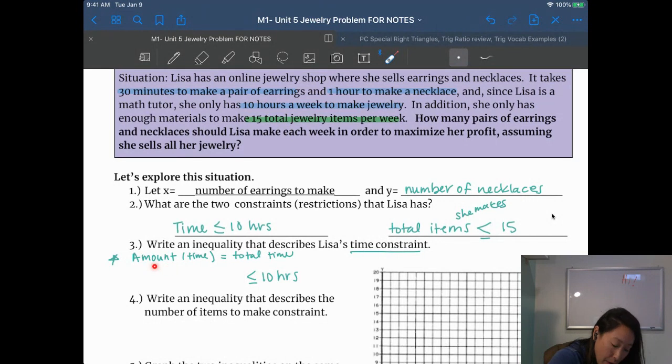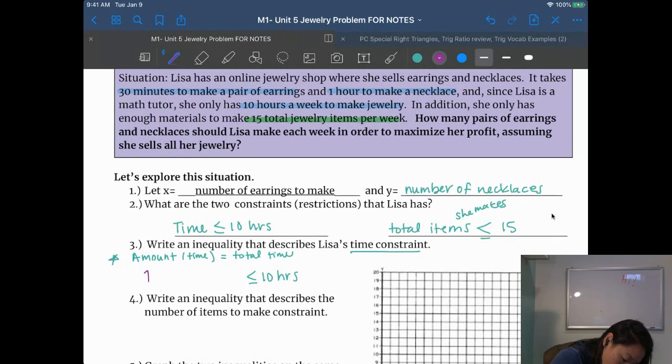If I make one necklace and it takes me 1 hour to make it, it's 1 hour's worth of time. Or if I make two necklaces and each one takes 1 hour, it's going to take me 2 hours, and so on. So the amount of what I'm building times how much time gives me the total amount of time for the necklaces.